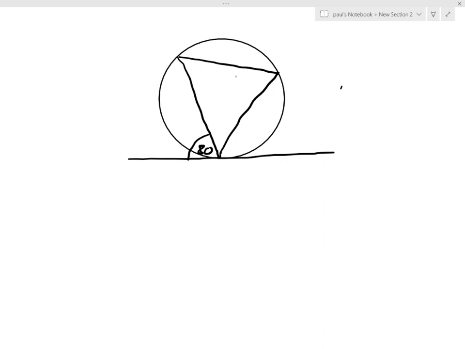Okay. So this is the alternate segment, and it means that this angle is the same as this one, so this will be 80 as well. Now if this is 70, it will mean that this is 70 as well.